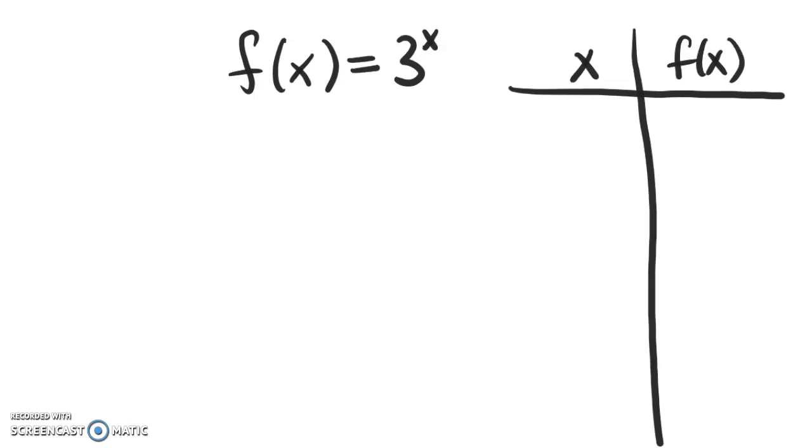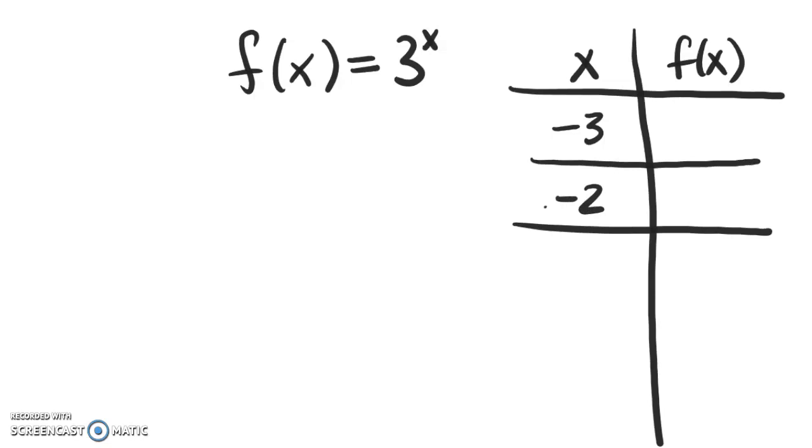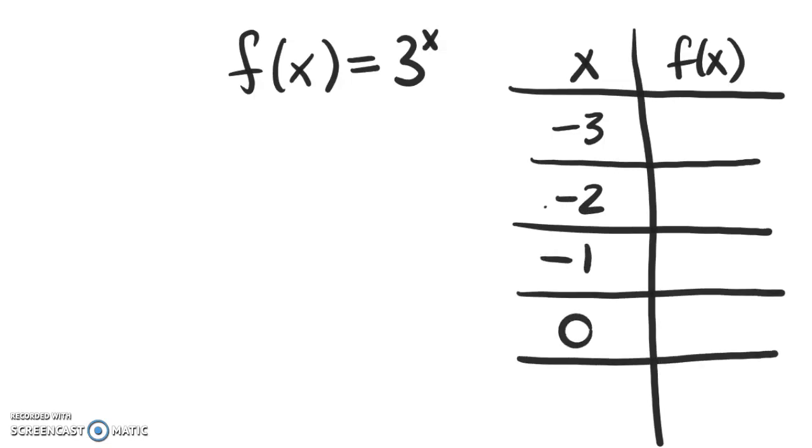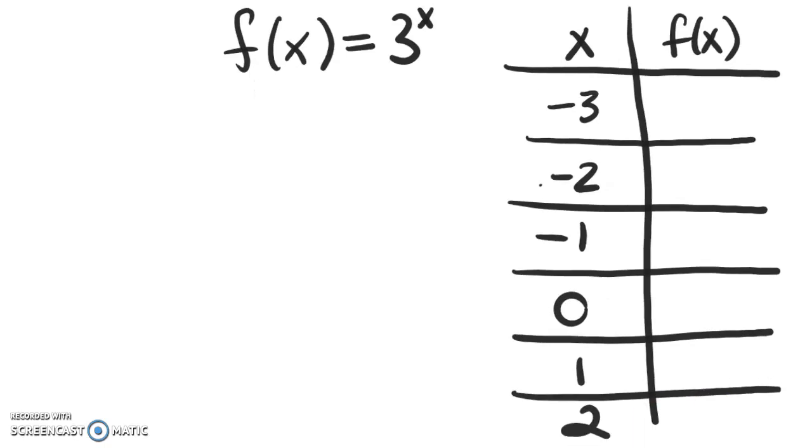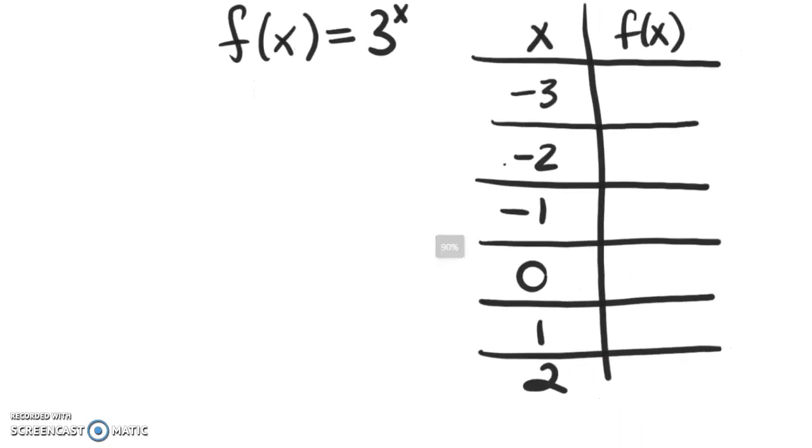So I'm going to pick some numbers around the origin. I like to usually do the ones that surround the origin. And what we're going to do, you can pause and calculate what the y value, or f of x, the output would be when you plug in the x value.